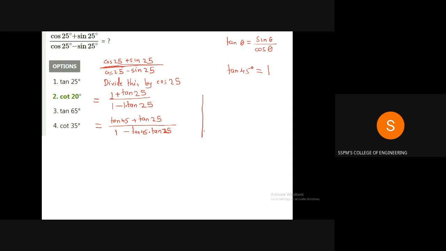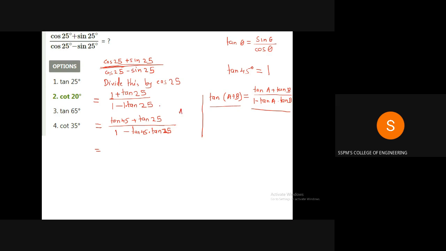After seeing this, you will notice that it is the formula of tan A plus B, which is expanded as tan A plus tan B divided by 1 minus tan A tan B. So here, this is also in the form of this formula: tan 45 plus tan 25 divided by 1 minus tan 45 tan 25.